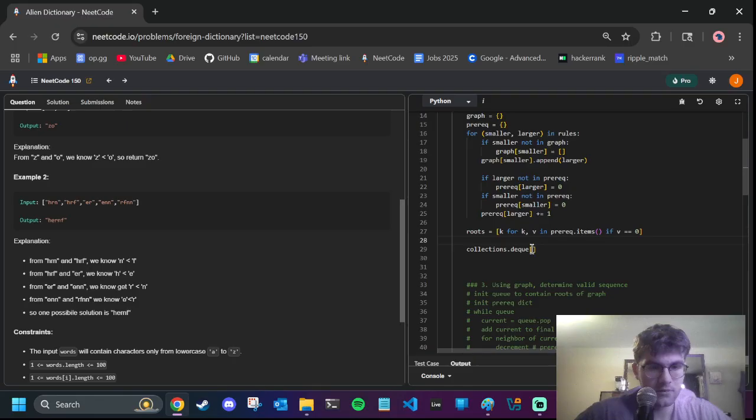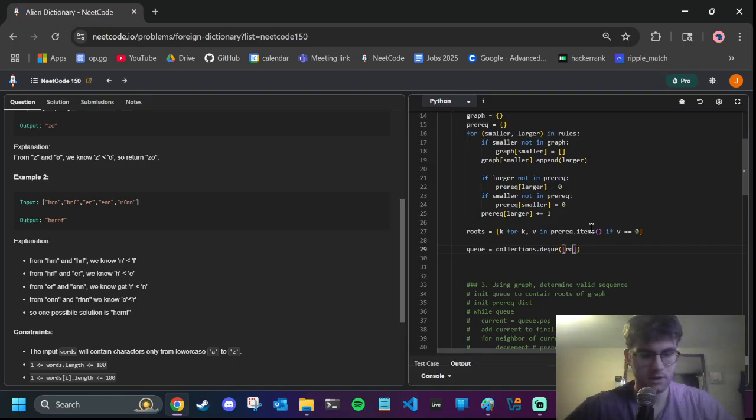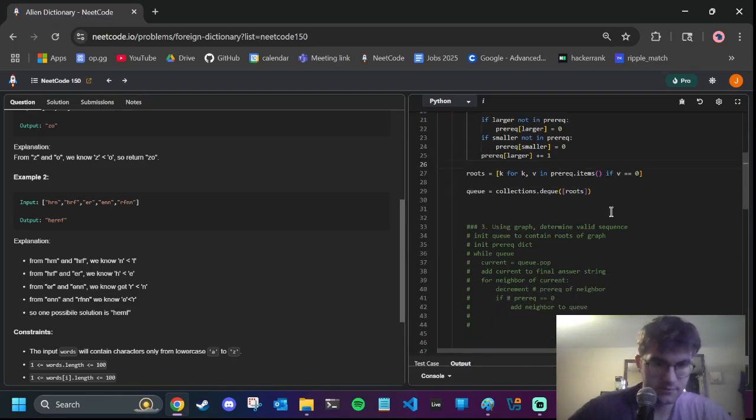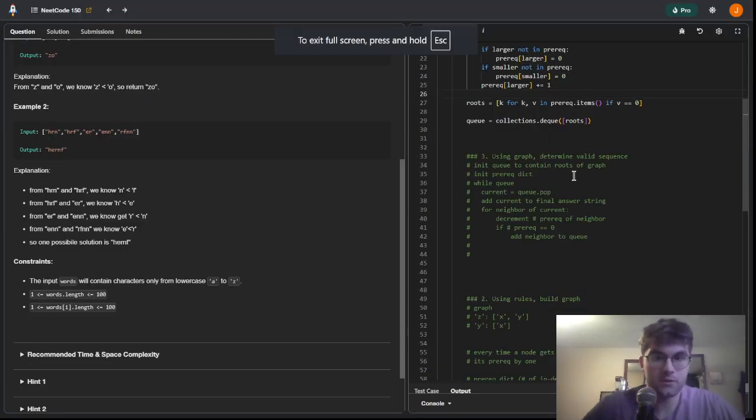So what we want to do is make a queue, which is collections.deque, and that will contain within it a list of roots. Right, so now the queue just has roots in it. Whoops. Press and hold escape.